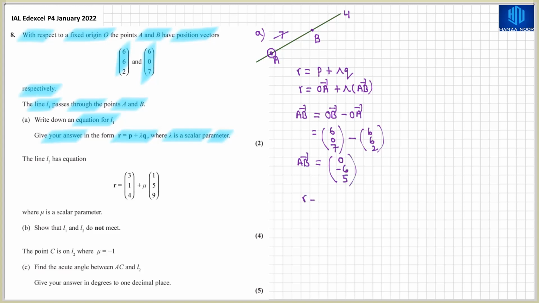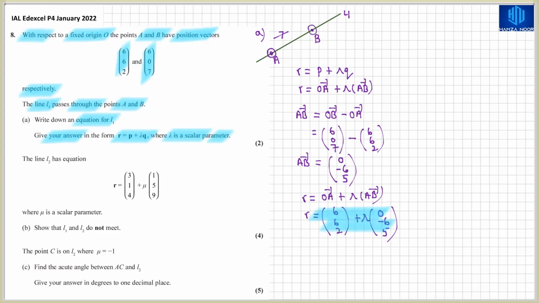So r = OA + λ times AB. Therefore, r = (6, 6, 2) + λ(0, -6, 5). So this is our answer to part A.